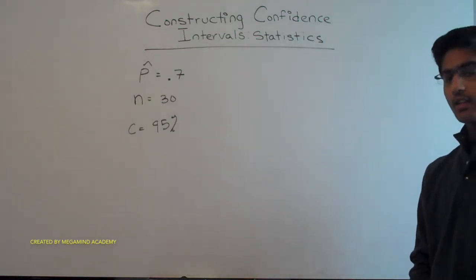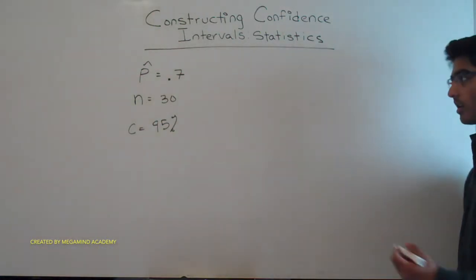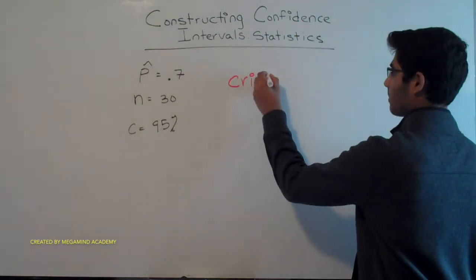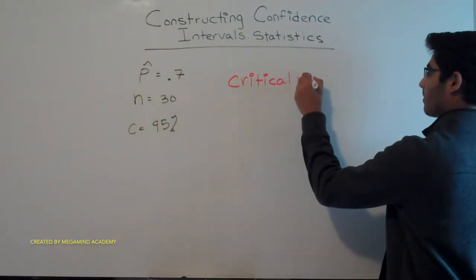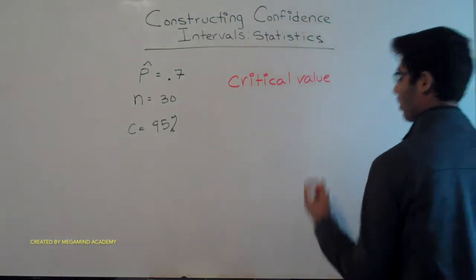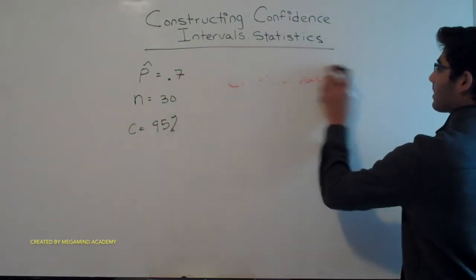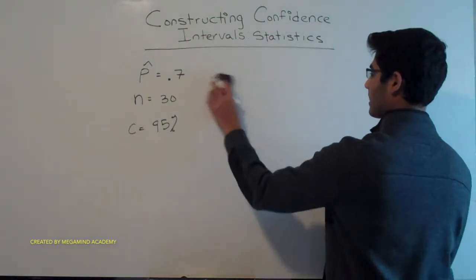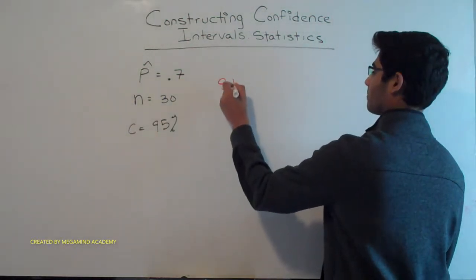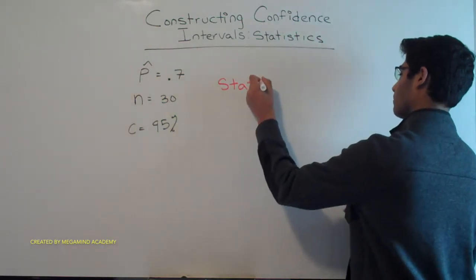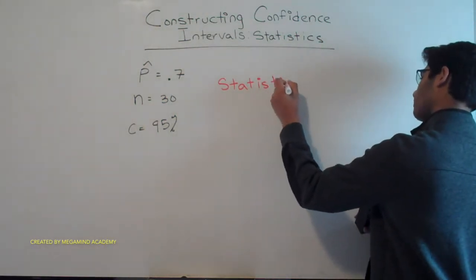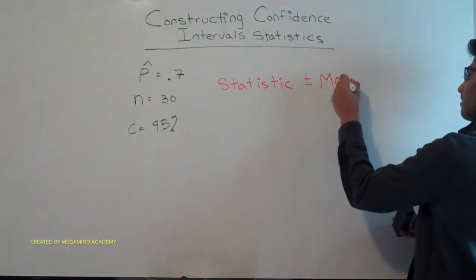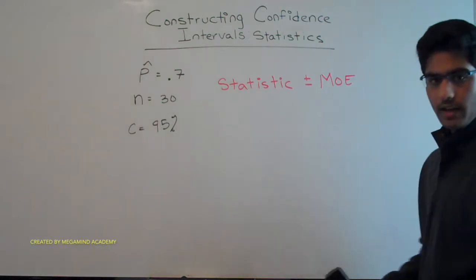So first let's write down the formula for a confidence interval. The formula is the critical value, or actually it's a test statistic, so it's just the statistic plus or minus the margin of error. So how do we find the margin of error?